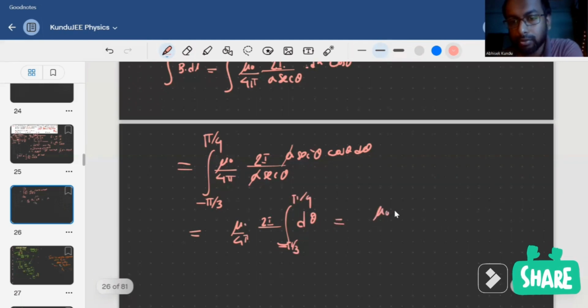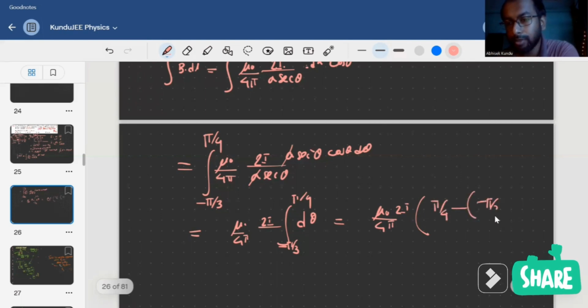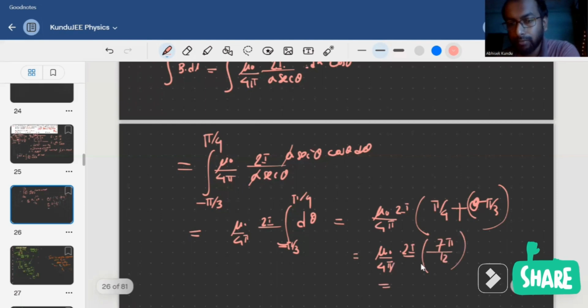The integration of d theta is theta only, and putting the values, pi by 4 minus of minus pi by 3, that is plus pi by 3, gives 7 pi by 12. So mu naught by 4 pi 2I times 7 pi by 12: pi will cancel, 2 is cancelled, giving 7 mu naught I by 24.